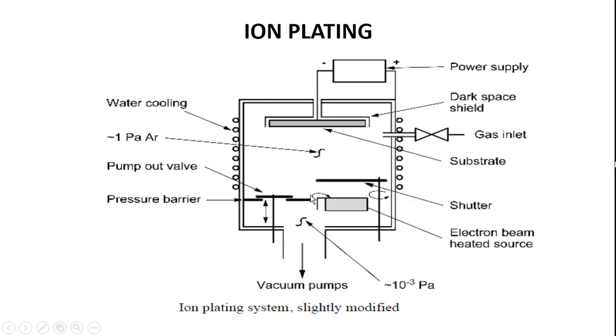That makes the vapor of the material that is to be deposited on the surface here. That is not shown clearly here; here we have only shown the electron beam and those things.